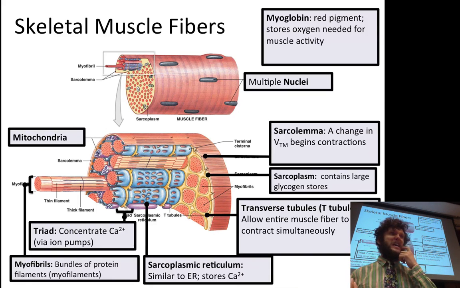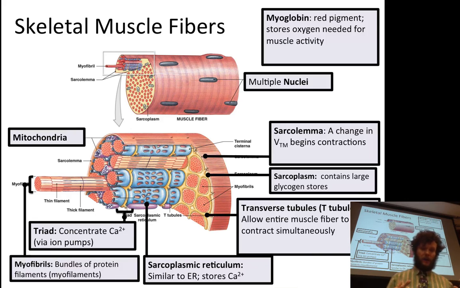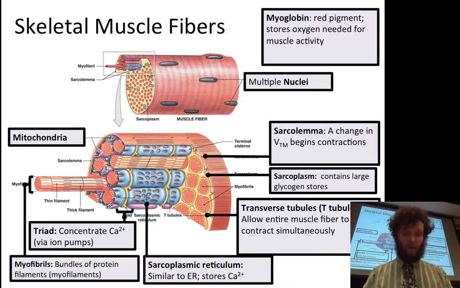A cistern is a place where you would store water, for example, and so there are these terminal storage balloons that are adjacent to the T-tubules, and because of that, they're called triads. The two terminal cisterna and a T-tubule are called triads. The sleeve of sarcoplasmic reticulum and rings of T-tubules surround a myofibril. These are bundles of protein filaments, the so-called myofilaments.